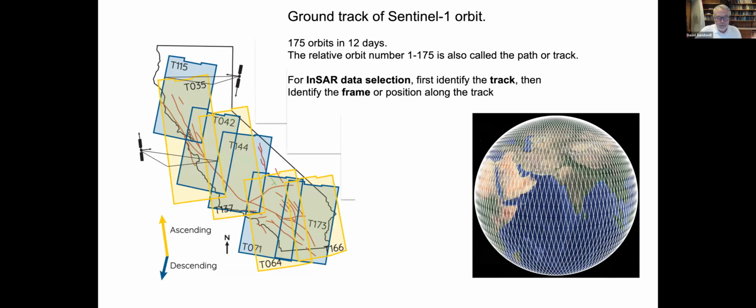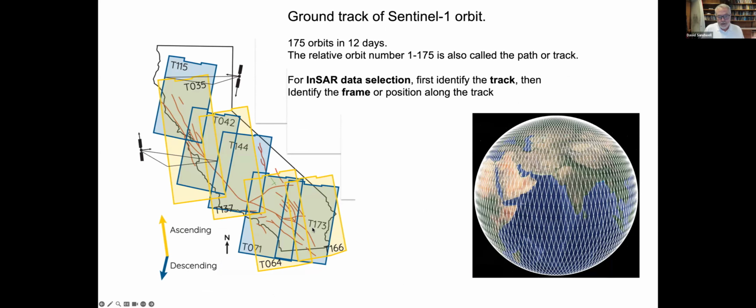One other thing that we'll learn about later on is how to select data over a particular area. Let's say you're interested in California and you want to look at a descending track over this part of California, and you want to find it in the archive. The way the search goes is first you pick a small area and you find all the data that go over there, but then you want to find the one with the right track.